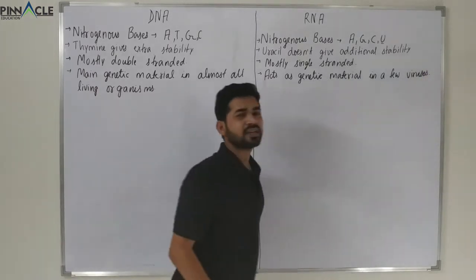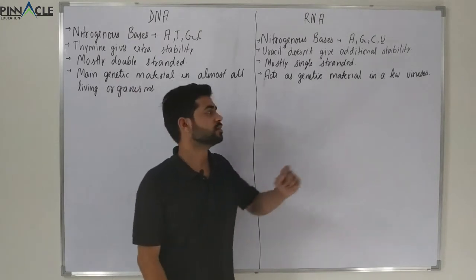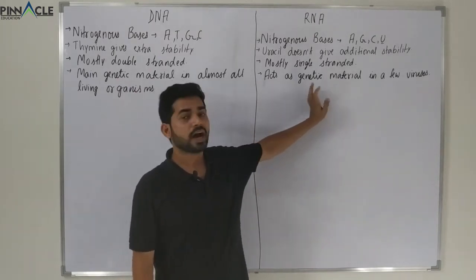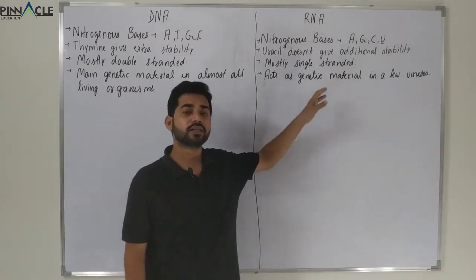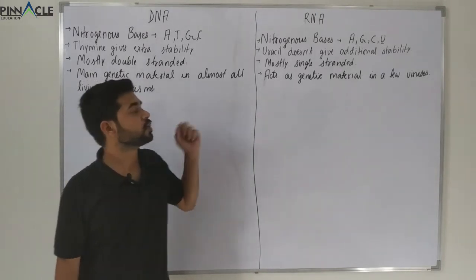Such viruses are called riboviruses, like tobacco mosaic virus. So in such organisms, RNA is the genetic material. In such organisms, DNA does not act as the genetic material. So these were the very common differences.